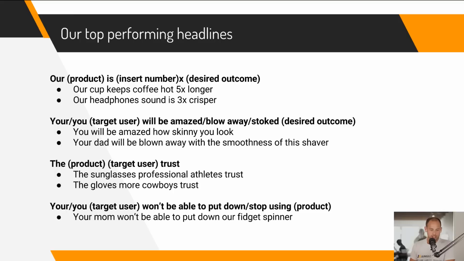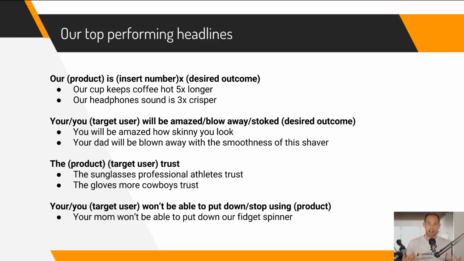All right. One that's performing really well says, our baby towel is 5x softer. Our baby towel is 12x thicker. Something along those lines. So if you're selling something like coffee cups, you could ask, what is the desired outcome of my coffee cup?